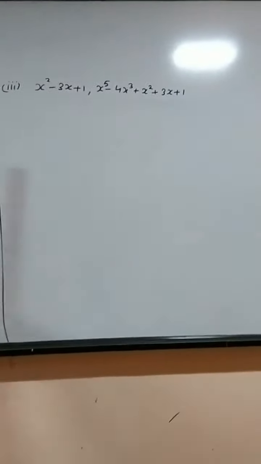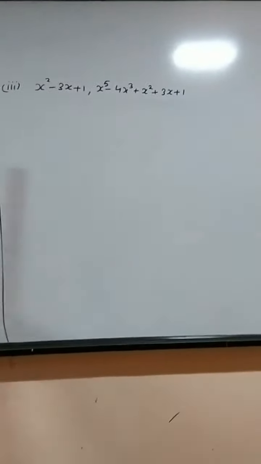X cube minus 3x square plus 3x minus 2 divided by x minus 2. You want x cube: multiply by x square, x square into x is x cube, x square into 2 is 2x square, minus plus. Minus 3 plus 2 is minus x square plus 3x minus 2.